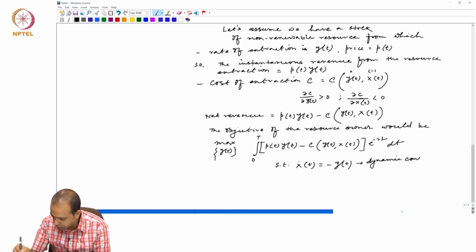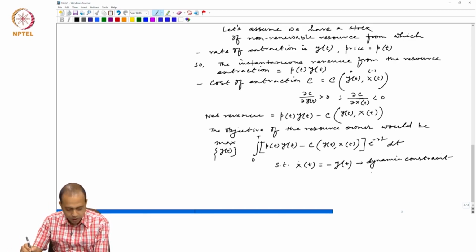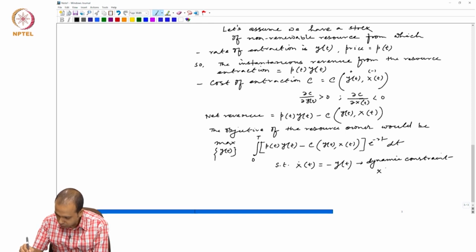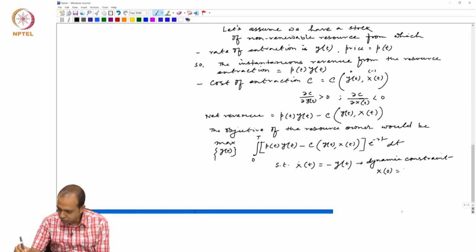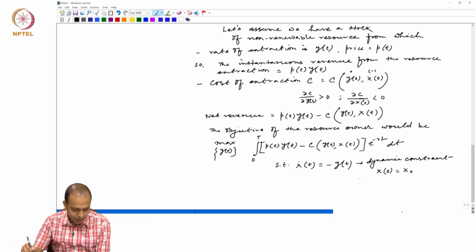Dynamic constraint, and x0 equals, let us say, some stock, and xt is greater than or equal to 0.